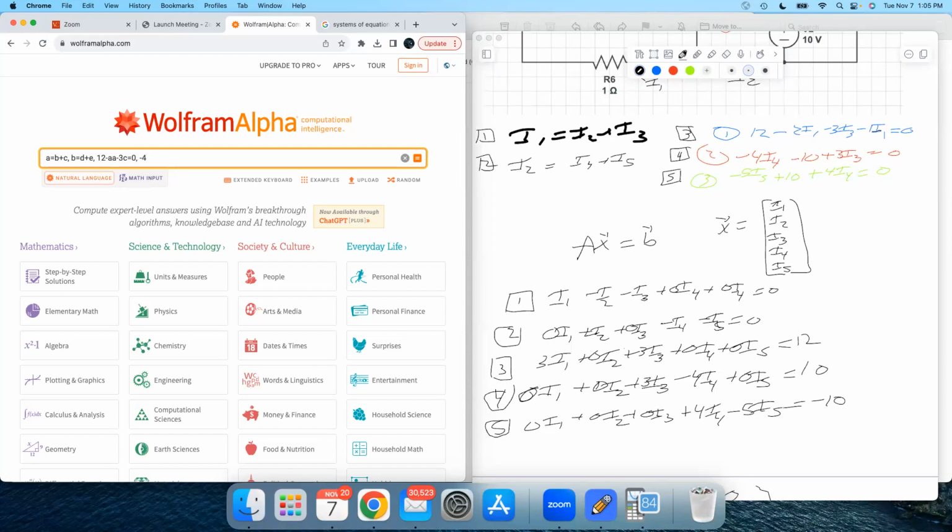Negative 4D minus 10 plus 3C equals 0. And then this one here, negative 5E plus 10 plus 4D equals 0. So I should have 5 equations.